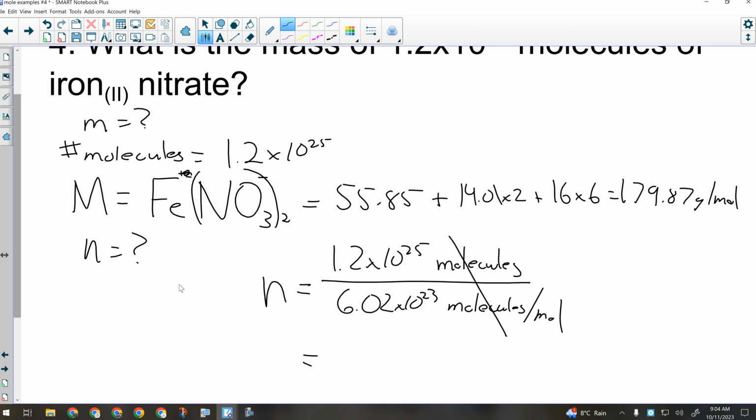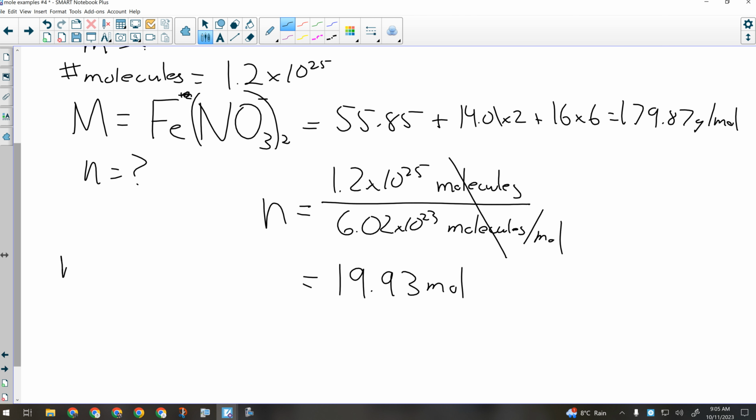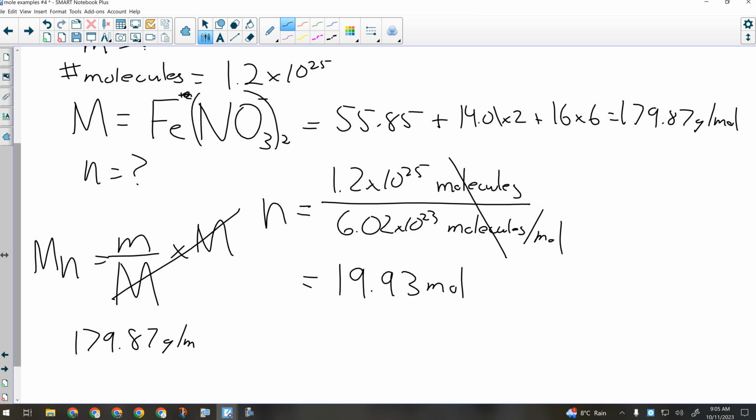I'm going to keep all those decimals in my calculator, even though I'm too lazy to write them down. Now I have n, so I can solve for little m. I'm going to take the mole equation, n equals little m over big M, and multiply both sides by big M. Then I take 179.87 grams per mole times 19.93 moles.